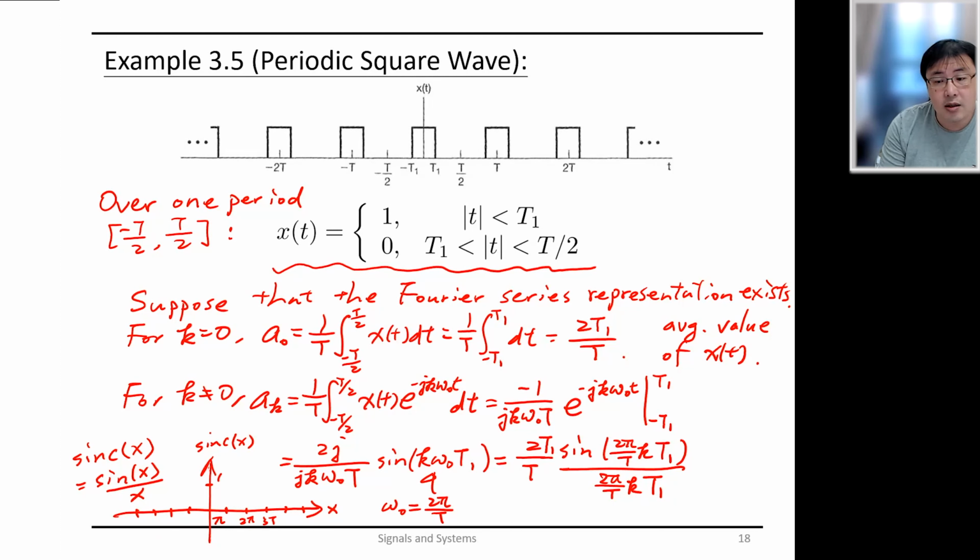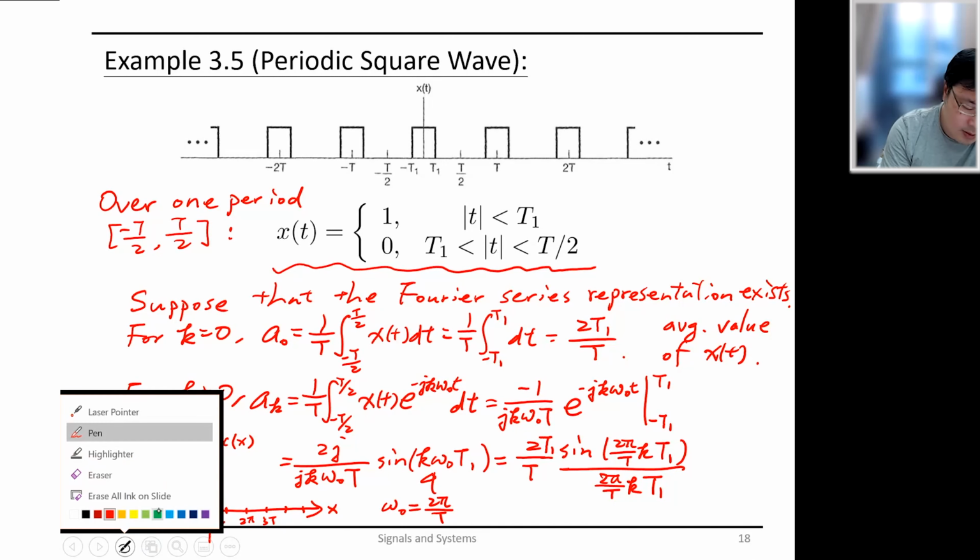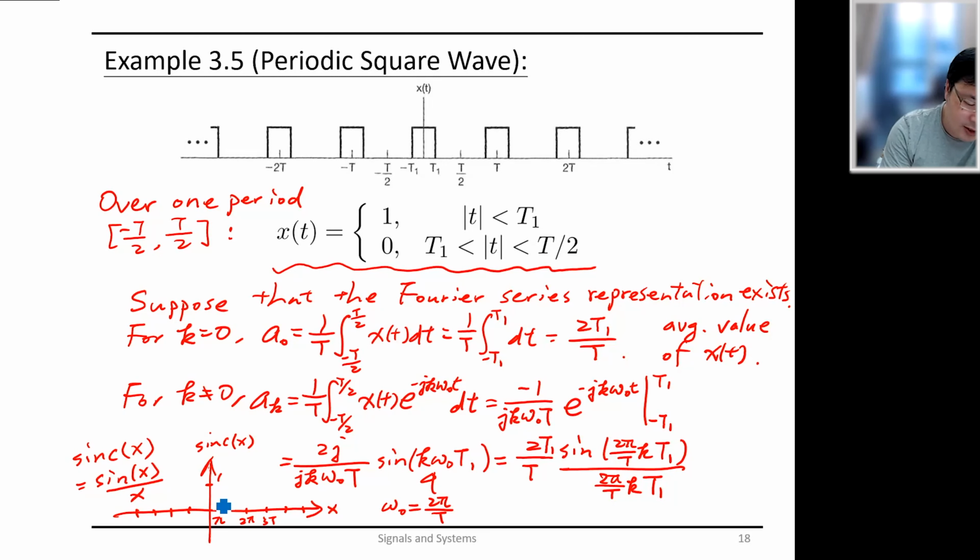Now, a sinusoid oscillates between 1 and minus 1, but as x increases, 1 over x becomes smaller and smaller. So you would see a signal that oscillates between positive and negative, but gradually decreases as x increases. So a sinc function would look something like this.